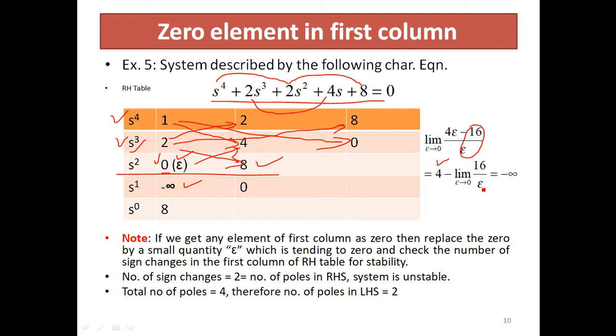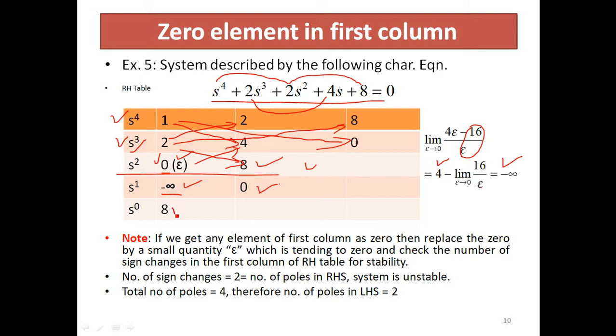So 16 by 0 is infinity, and 4 minus infinity means minus infinity. So here this is the minus infinity element. And this element would obviously be 0 because of this one.